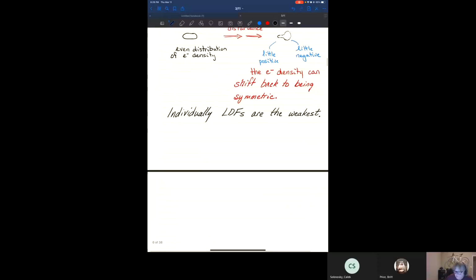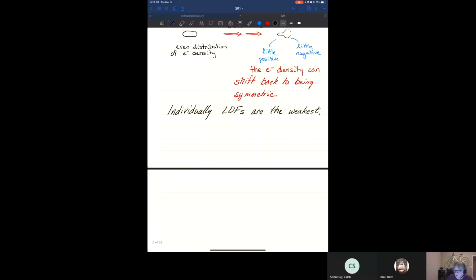But that does not mean if you have a lot of London dispersion forces that overall it can't exhibit really, really strong interactions between molecules. Gasoline is nonpolar.